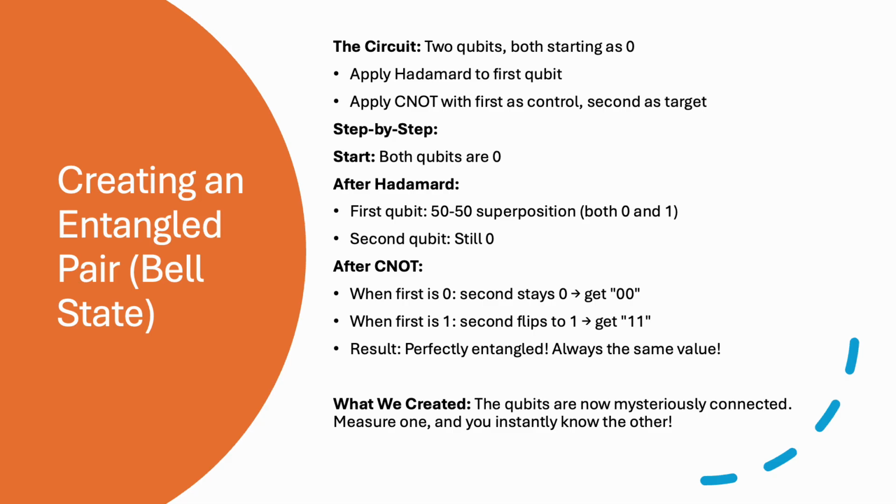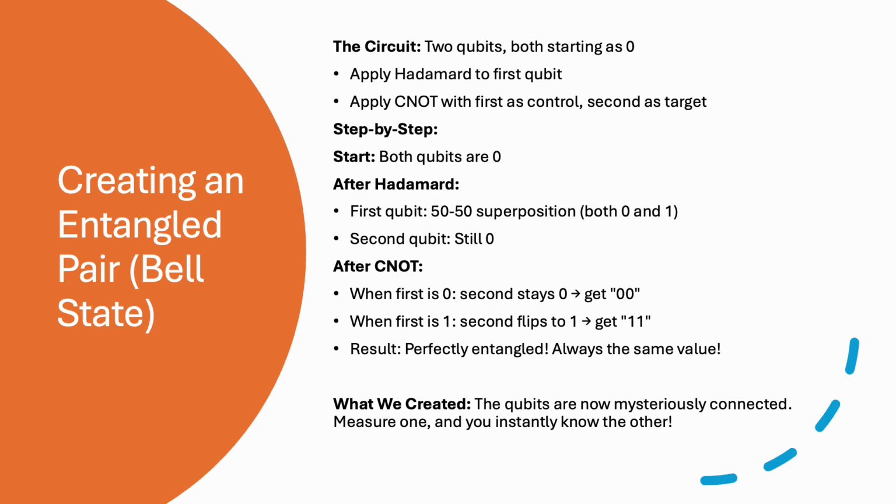Our state is now: first qubit is 0 and second is 0, plus first qubit is 1 and second is 0. In notation, this would be written as a superposition of |00⟩ and |10⟩, each with equal probability.